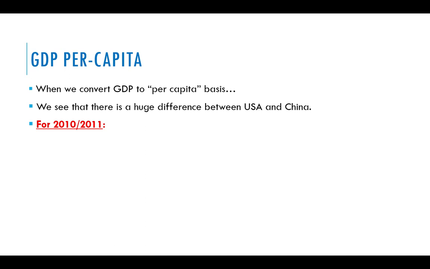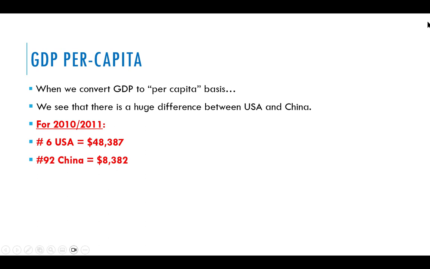For 2010, 2011, if we divide GDP by the number of people in the population, all of a sudden we get United States with an average of 48,387. So the average person has an income, it's a proxy, it's kind of an estimate of income, of 48,000 and some odd dollars. Remember, this is a number of years ago.